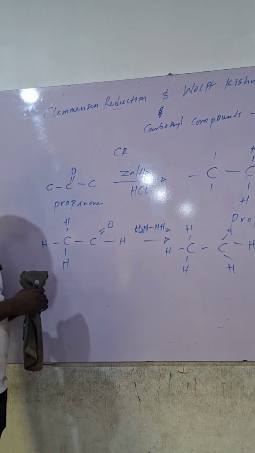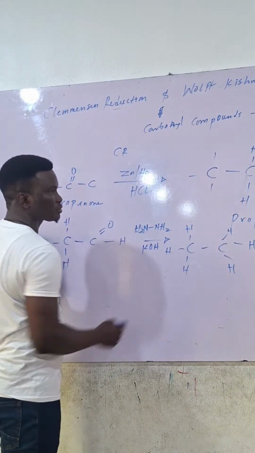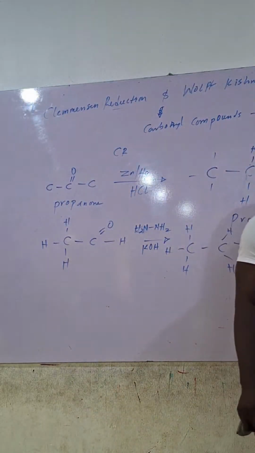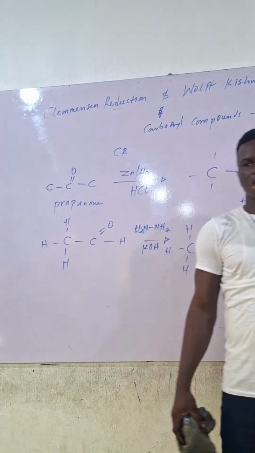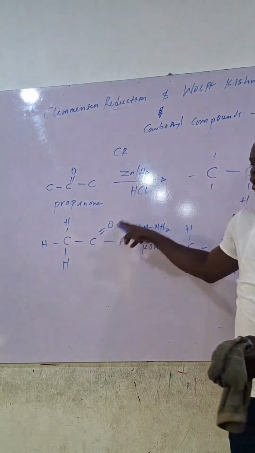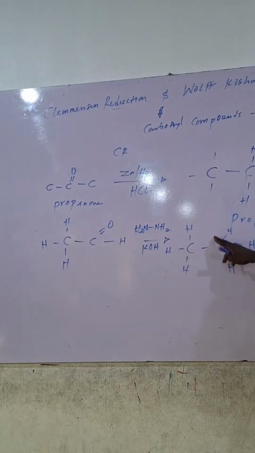Yes, Wolff-Kishner, in a base. Yes, because it will first form hydrazone. Then hydrazone will now be converted to alkane. So in the presence of hydrazine, it will form hydrazone. Then ethanal hydrazone will now be converted to ethane.